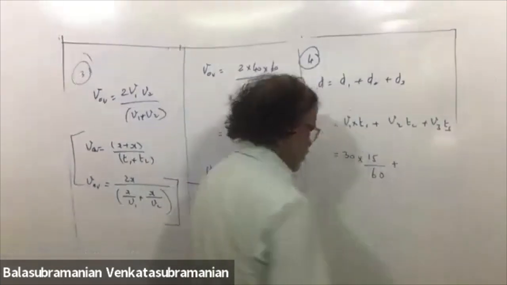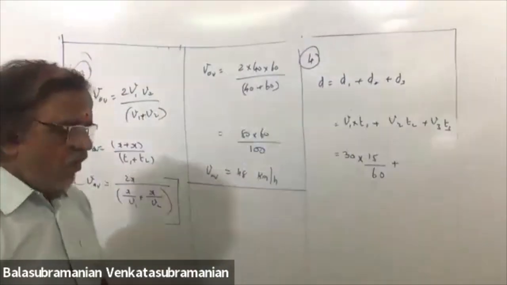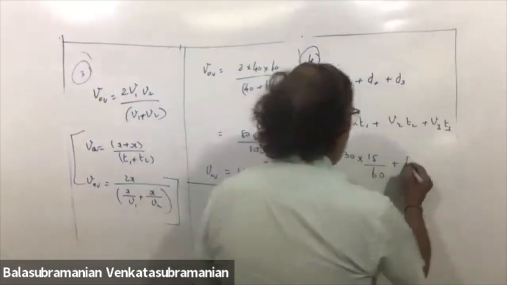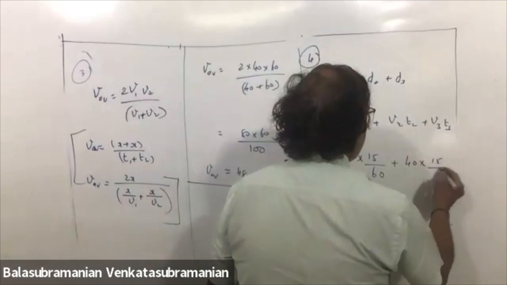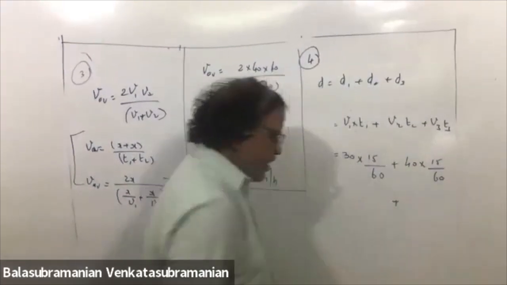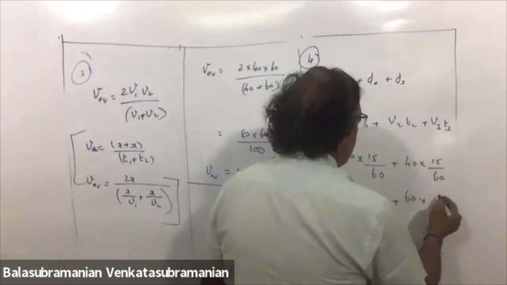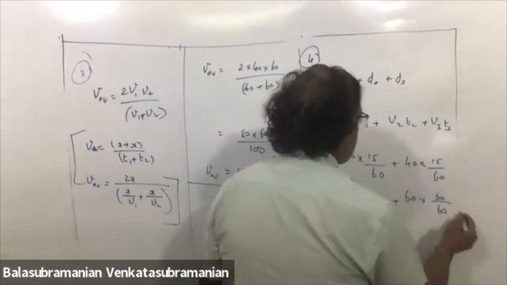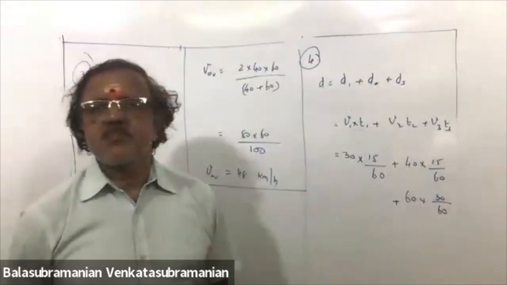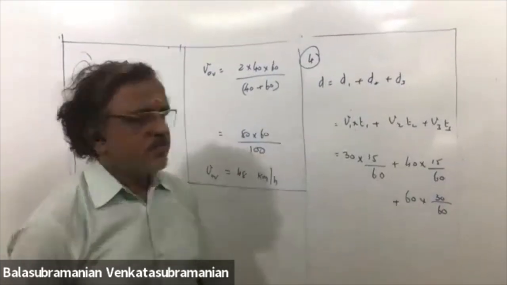Plus V2, second speed, 40 kilometer per hour. 40 into 15 by 60. Third, 60 kilometer per hour in the next 30 minutes. These are the data given.